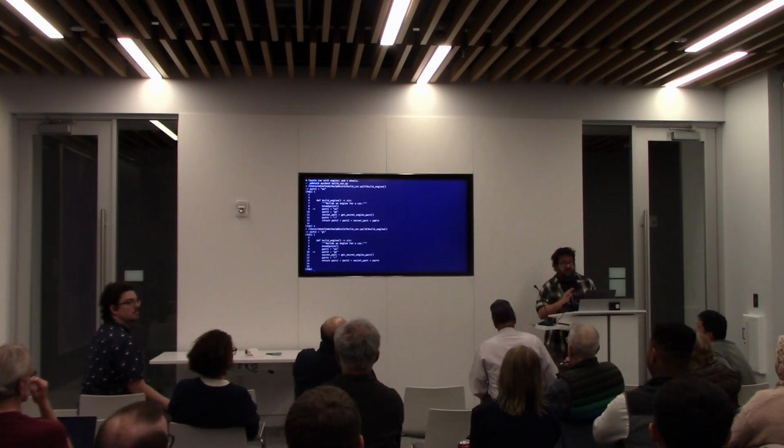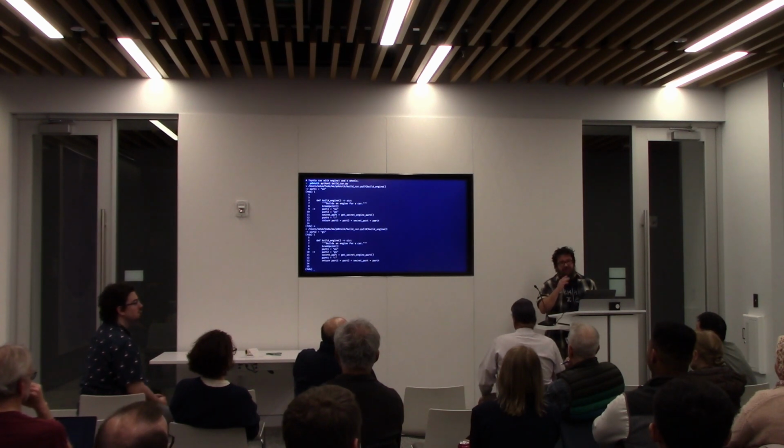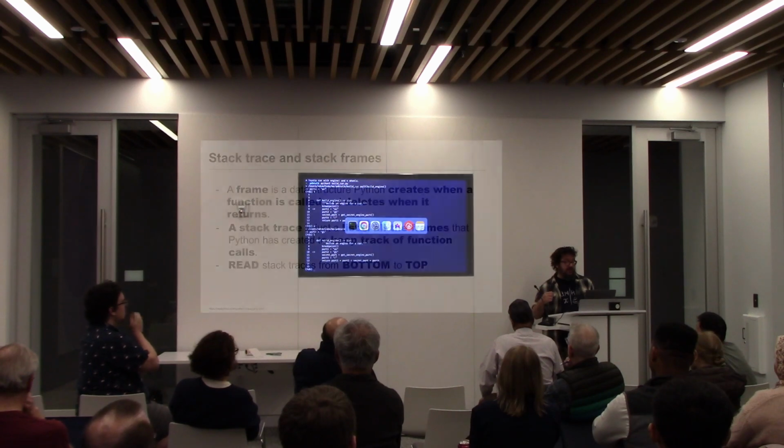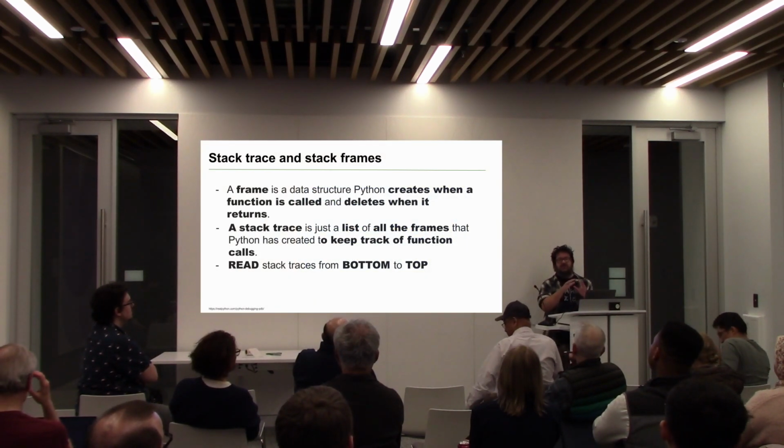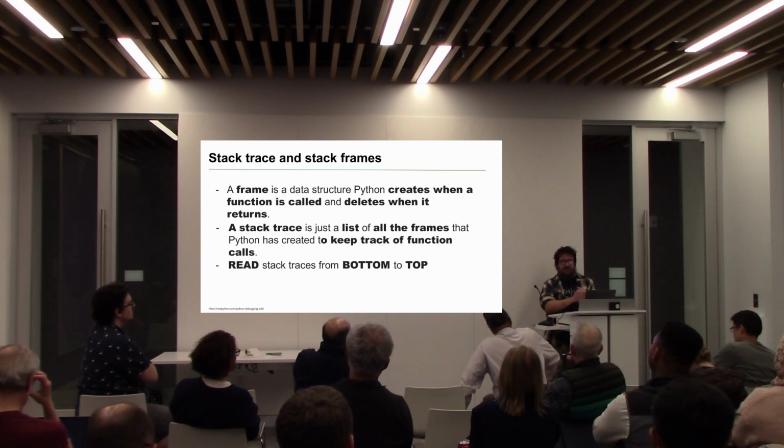No, at least I don't know how. But I want to introduce the concept of stack trace and stack frames. We will be able to do some kind of that.